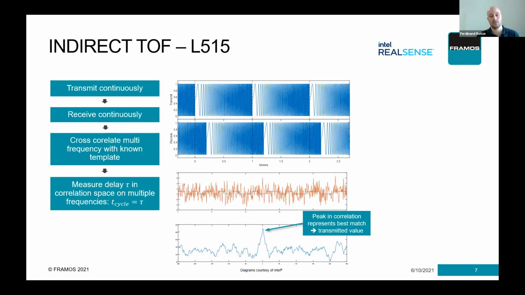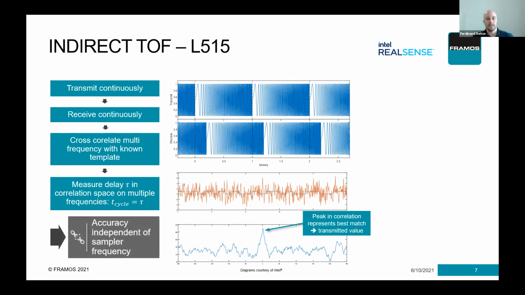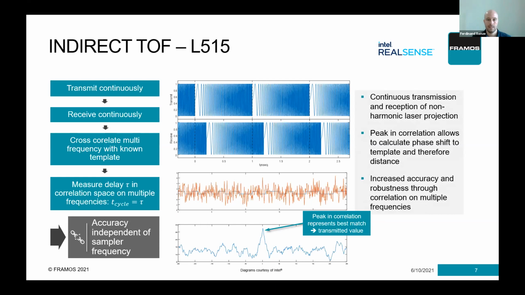When you do a cross correlation, you will get such peaks, and with such easily recognizable peaks, you know this is the best match, the best accuracy that you can get for this specific point. And this is also the value that is then transmitted. The benefit here is it's independent of the sampler frequency. So you can achieve 1 millimeter accuracy without being able to detect a delta of 3.3 picoseconds.